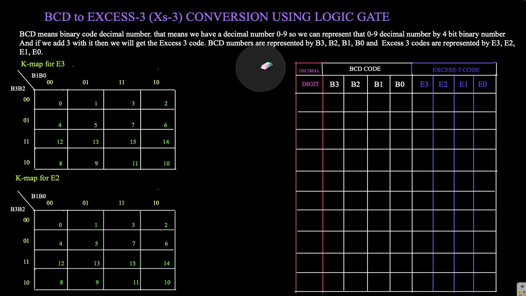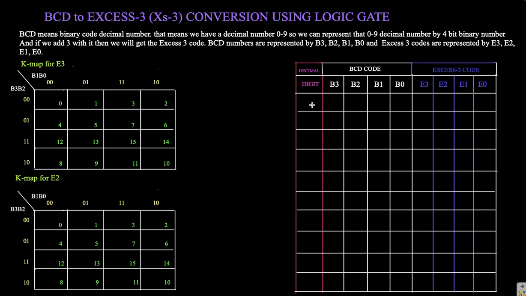XS3 code is nothing but adding 3 to the BCD. If the number is 0000, you add 3 to 0, which is 3, so in XS3 code you represent 3 in binary form, which is 0011. That means for BCD 0, the XS3 is 0011.